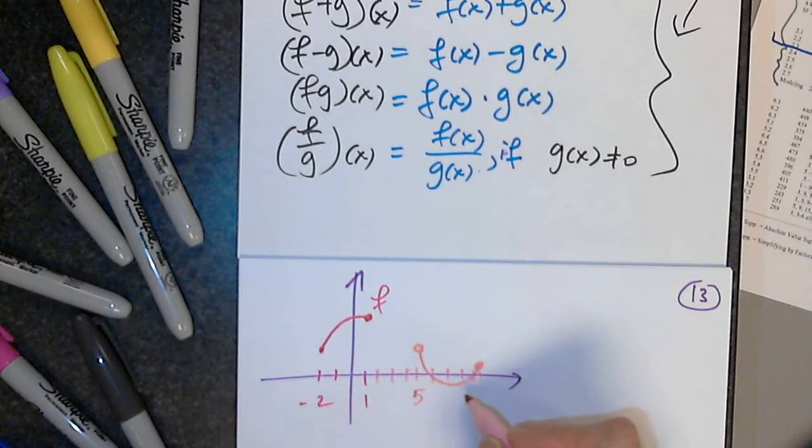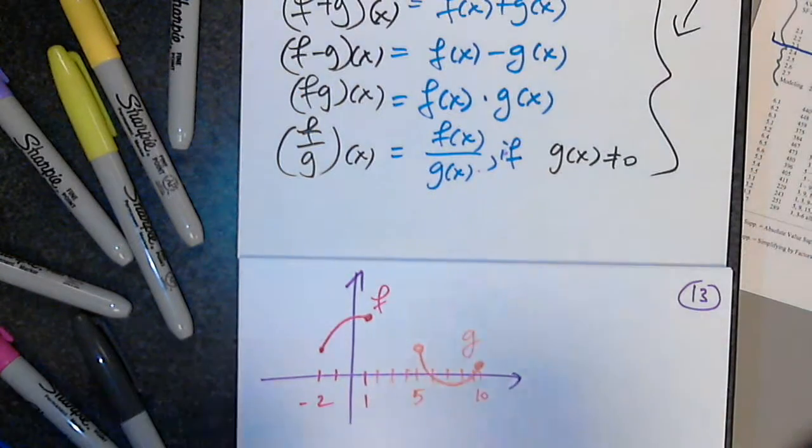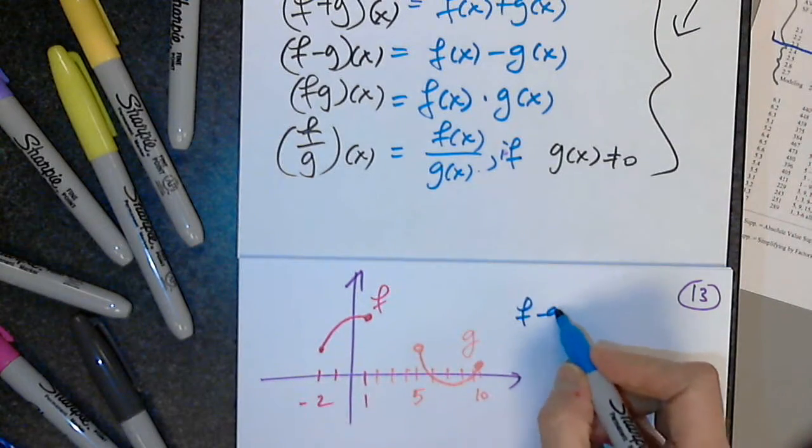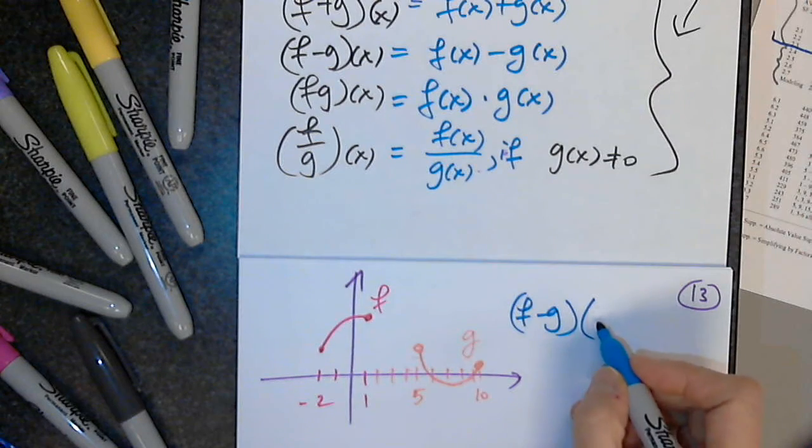So this is 5, and this is 10, and that's my g. And let's suppose I ask you, find f minus g of 9.